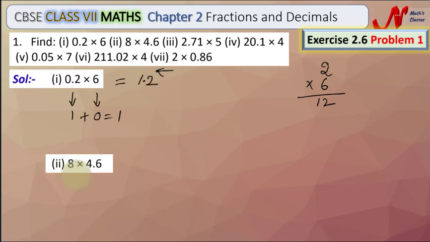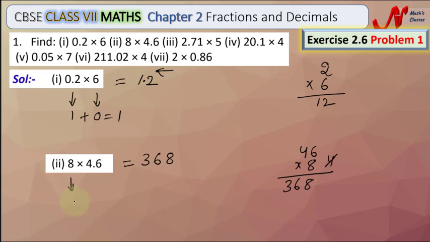Next we find the product of 8 and 4.6. To find this one, first multiply the numbers without a decimal point, so 46 into 8, 8 sixes are 48, 8 fours are 32, 32 plus 4 is 36, we get the product 368.